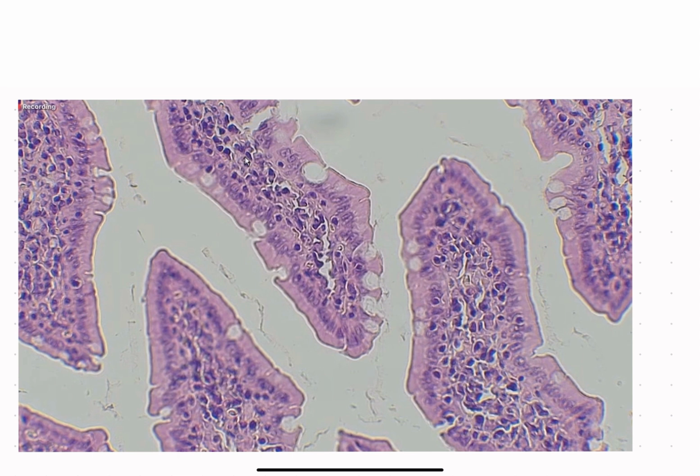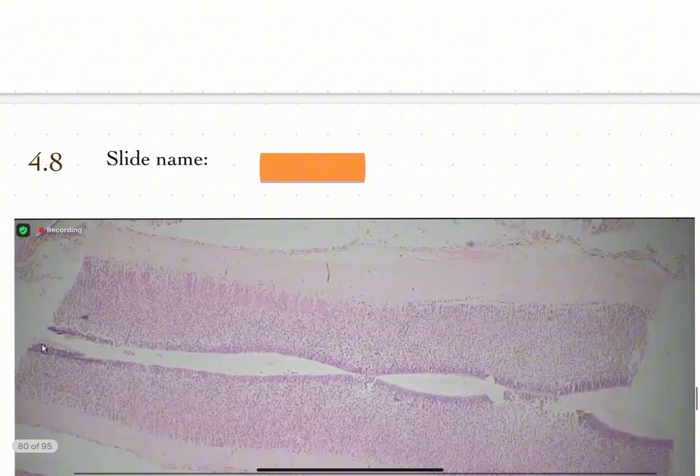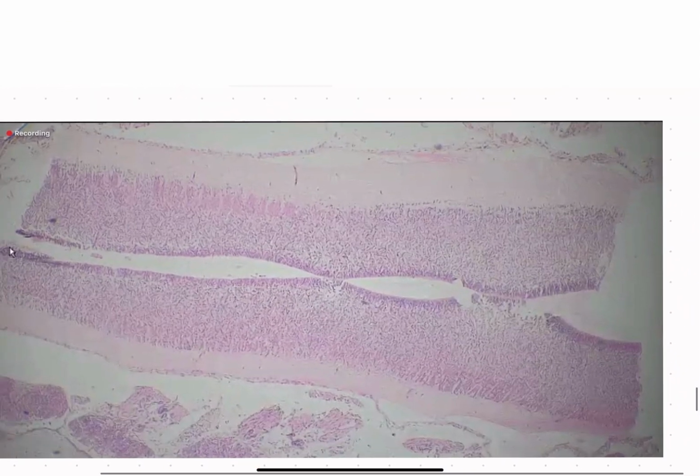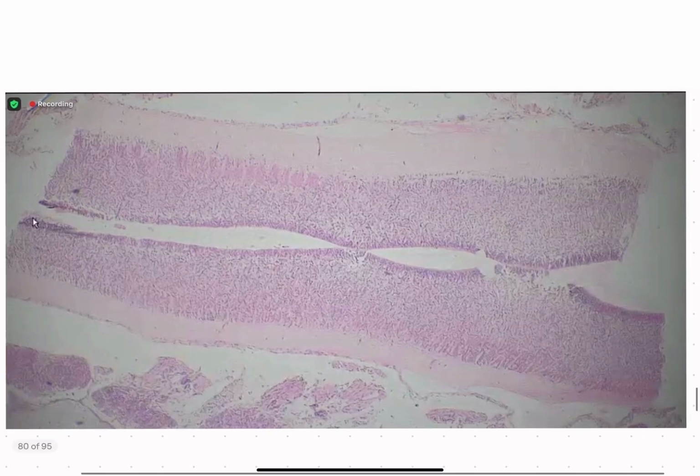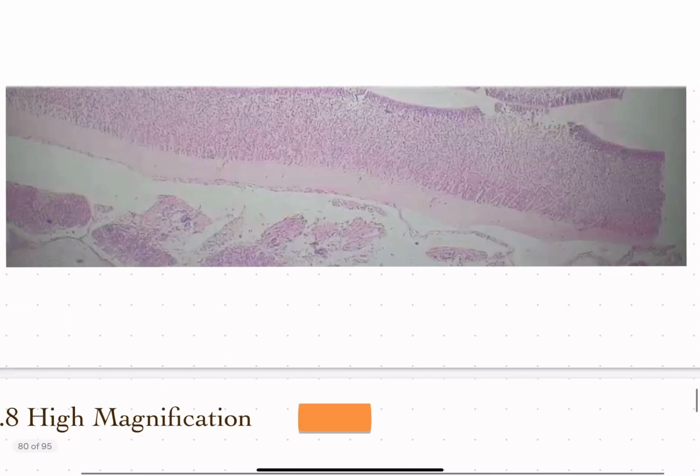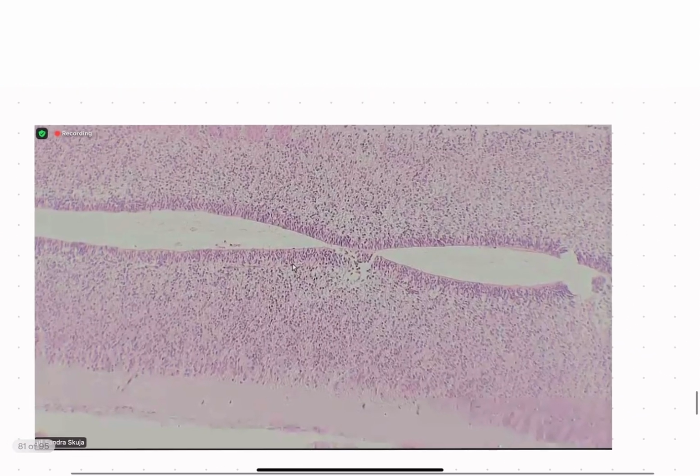All right. Moving on. We're looking at this general structure. Now we don't see any other adjacent structure other than these. This is all we see. Just to be fair on you guys. And zooming in, we see something like this. Now please write me the name of this structure.